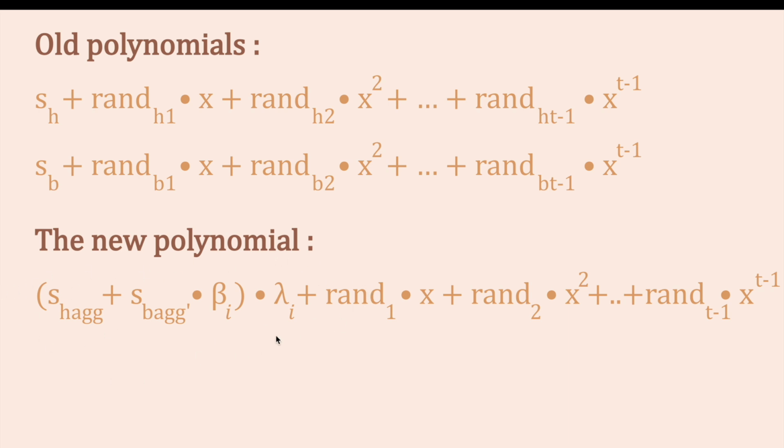It's derived from the earlier setup. Because this, in the parentheses, is my partial share, the partial secret share of the group key, of the full key, right?